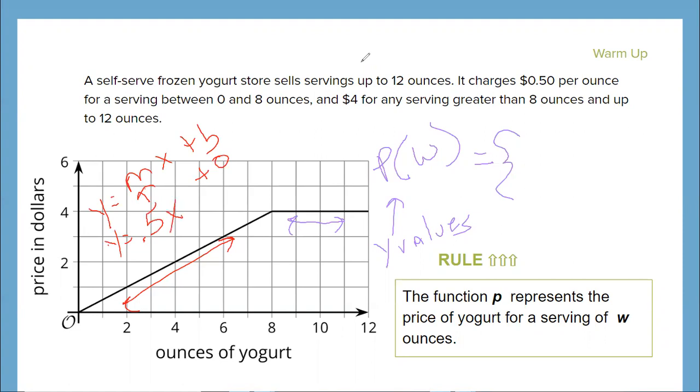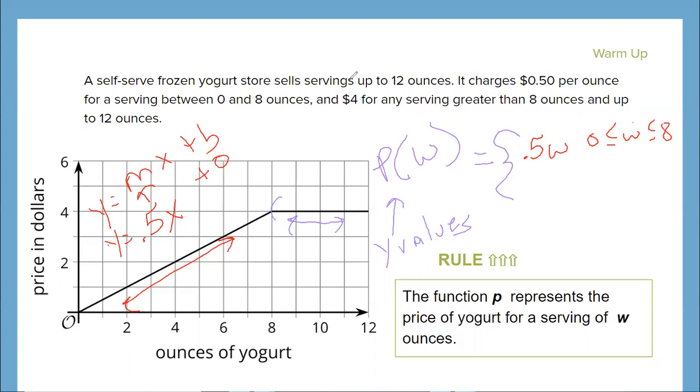Now, the one thing that is a little bit trickier about this is we're not using y's and x's, we're using p's and w's. So I'm going to just come over here and I'm going to say, well, the price w is 0.5 w. And then what I'm going to do is I'm going to put that information we put on earlier. I'm going to say between 0 and 8.